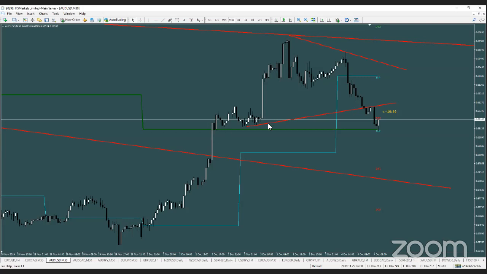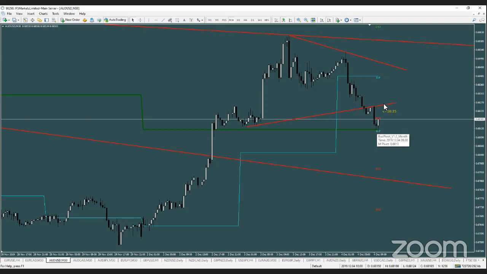We have broken, and this is really a classic intraday trade line. It's not a substantial trade line, so it's a soft level, let me put it that way. But it has been broken and retested, driven us to the monthly pivot, of course. I think there's a couple of possibilities here. Possibility number one would be that we get back above that trade line and retest it.